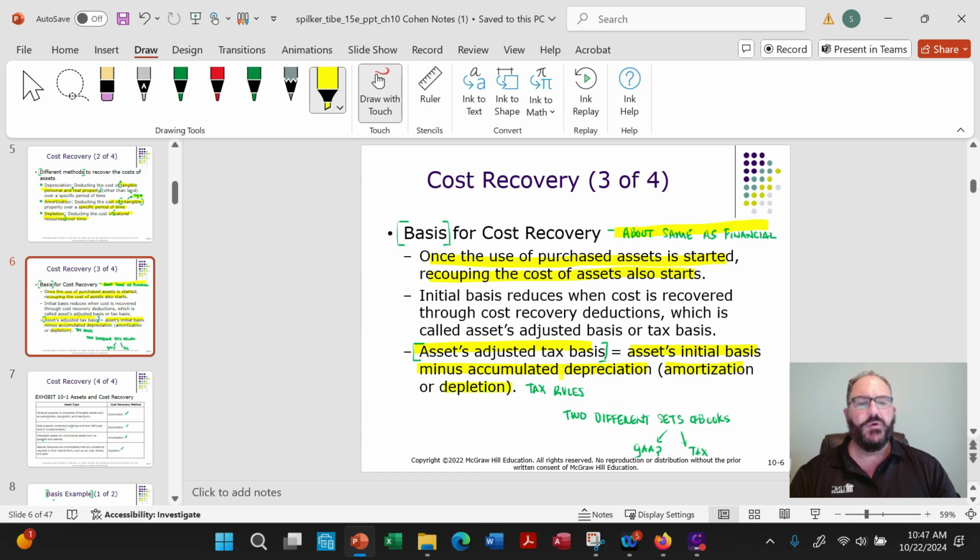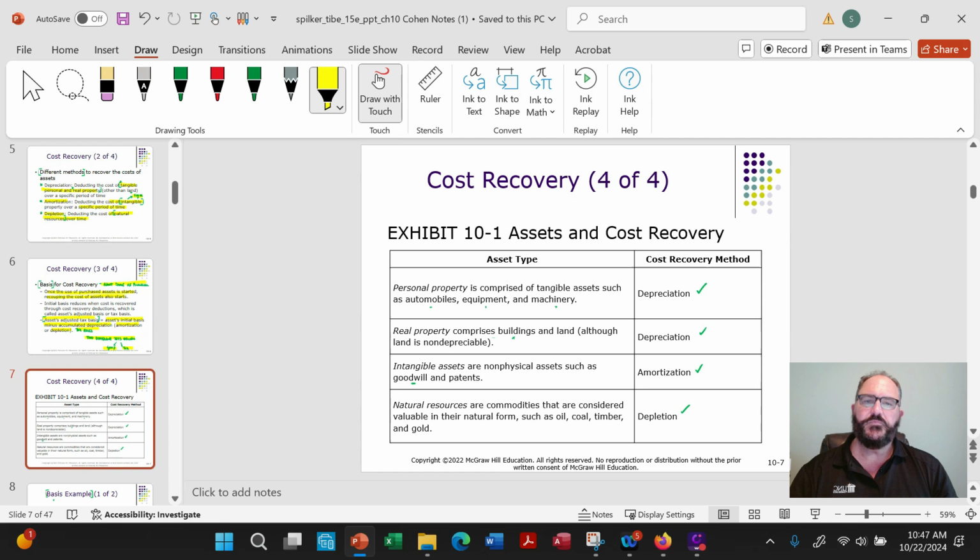The one thing to keep in mind is that we're talking about two different sets of rules, two different sets of books. One is GAAP, that's the financial, and the other is tax. So keep in mind, they do similar things, but with two different sets of rules. And that's what gives you those temporary differences. Okay? When you're accounting for income taxes, that's what creates those temporary differences.